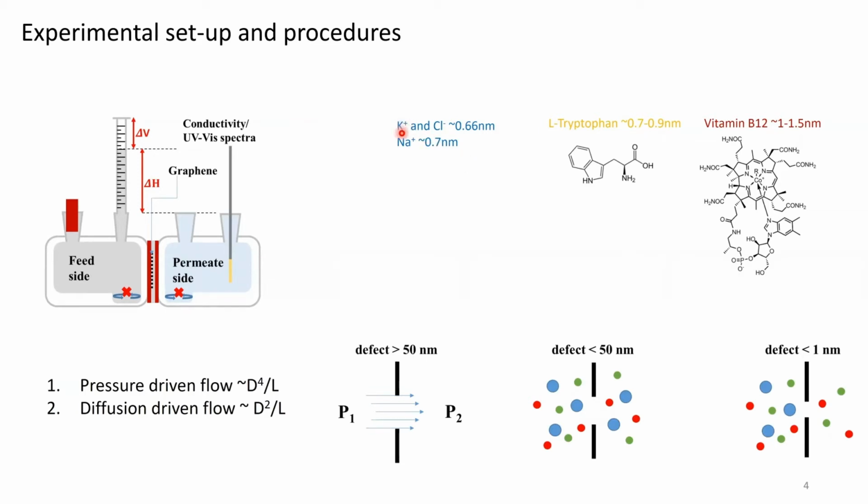In this case, we use potassium chloride salt. Hydrated diameters for both ions are around 0.66 nanometers. We also use sodium chloride, where the sodium hydrated diameter is around 0.7 nanometers. We use L-tryptophan, which is around 0.7 to 0.9 nanometers, and vitamin B12, which is around 1 to 1.5 nanometers.